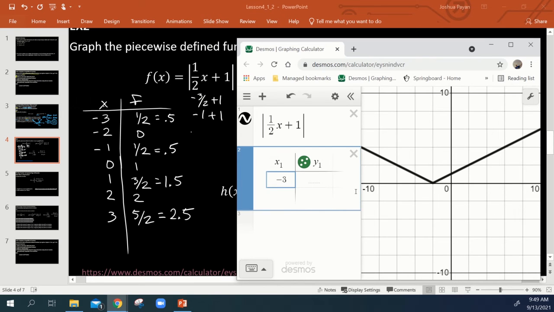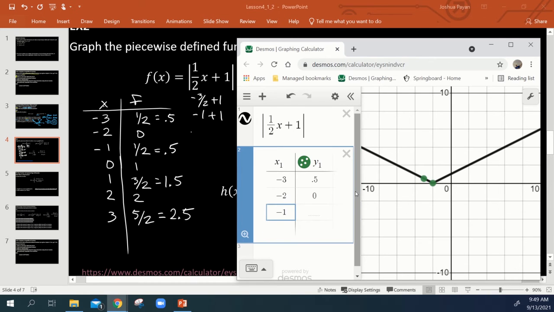So negative 3, 0.5, we see a point there on the graph. Negative 2 by 0, see another one, and you get the idea.